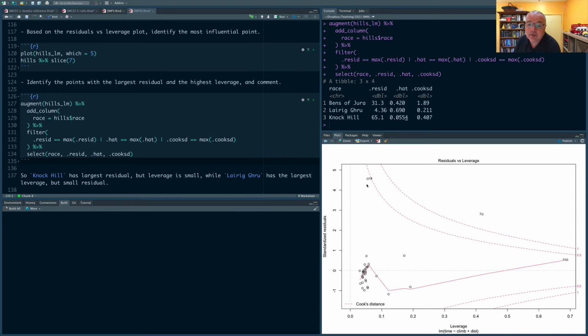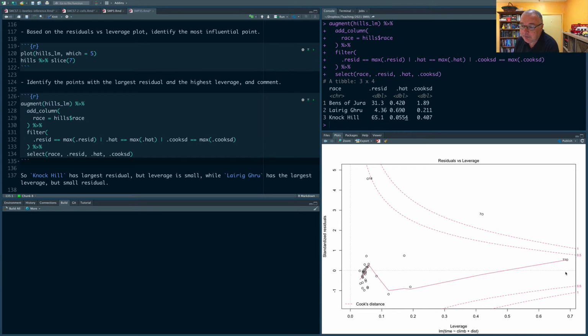So that will probably be number 18 here, I'm guessing. But it doesn't have very much leverage. So in the end, because Cook's distance is a mixture of that leverage and residual, it's not that influential.